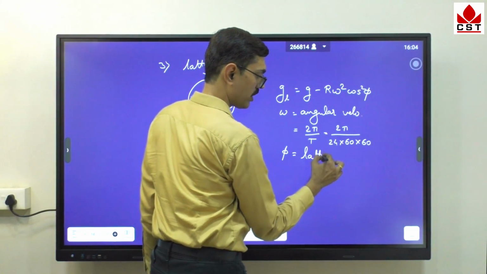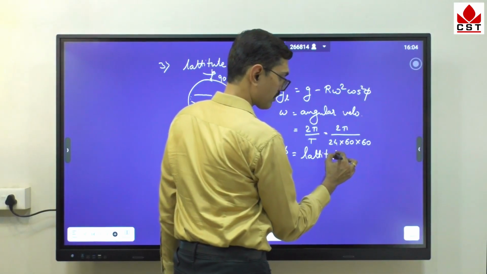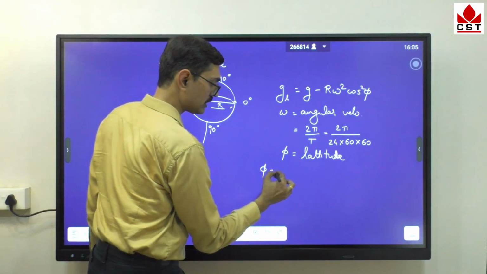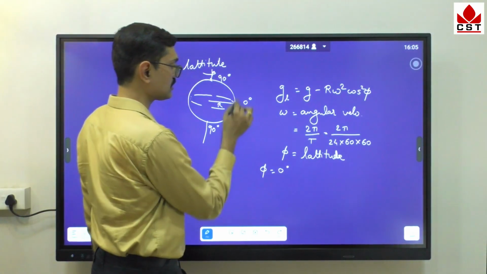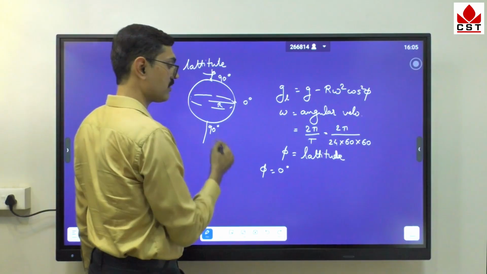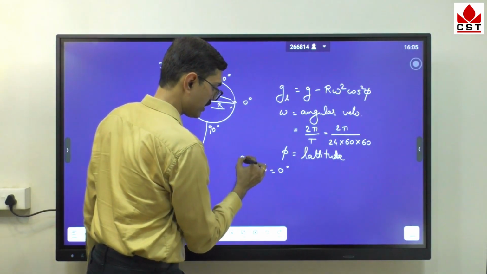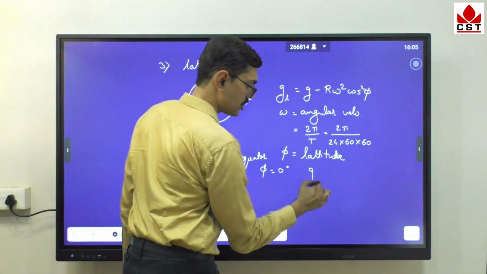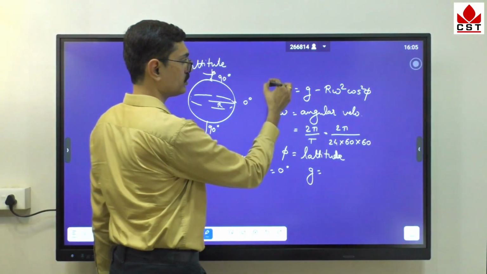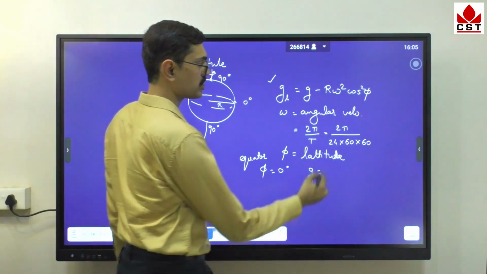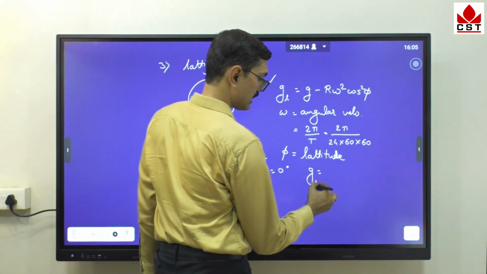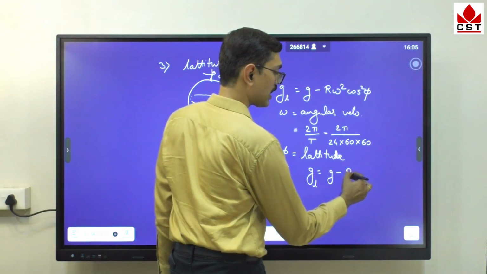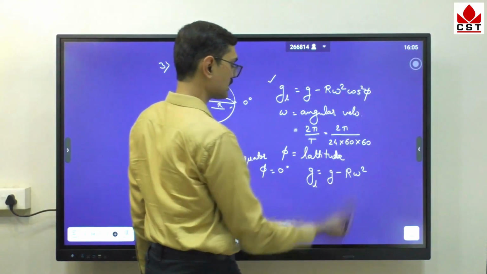So see what happens to this latitude when we take phi equal to 0. Phi equal to 0 means the point is at the equator. So at the equator we have to calculate the g value using the main formula. g at latitude, or at the equator, is equal to g minus r omega square into cos square phi.